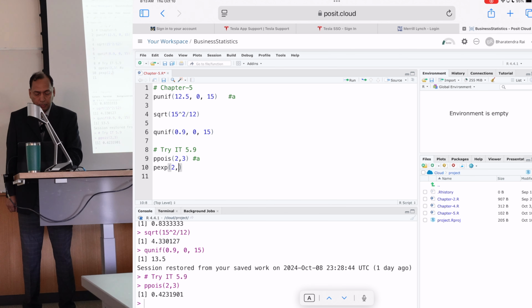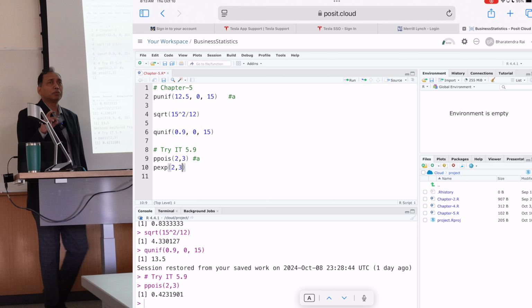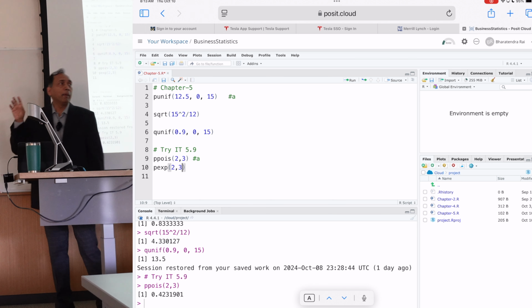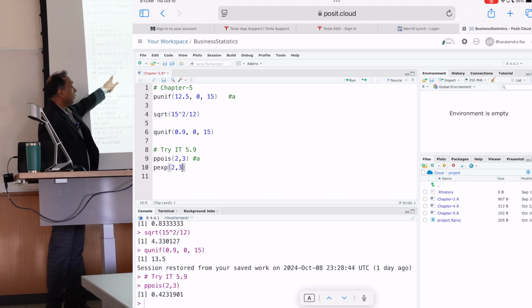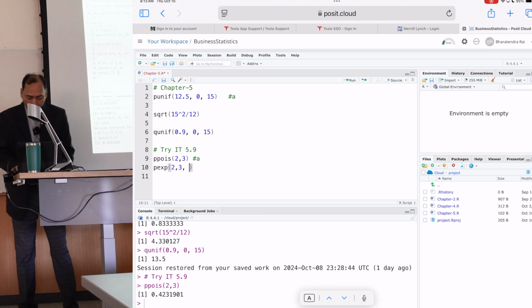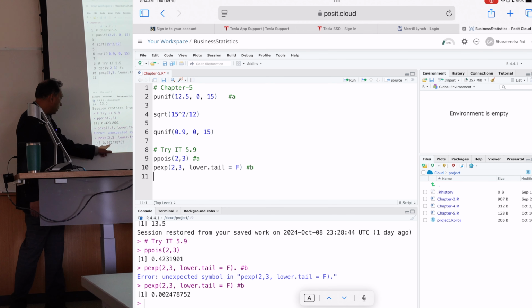So this is where you have to be careful in exponential, because we are working with mu and m, decay factor 1 by mu. Here we are not putting 1 by 3 because mu is 1 by 3. So we put the reciprocal of that. So that is your m. Lower tail is false because we are interested in the right tail. So 0.0024.